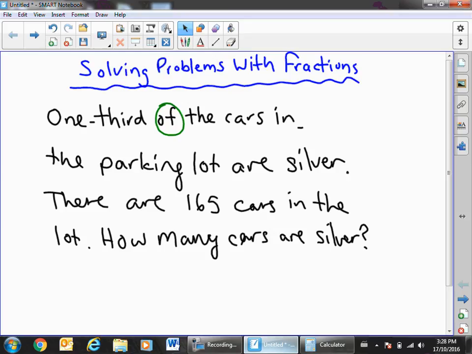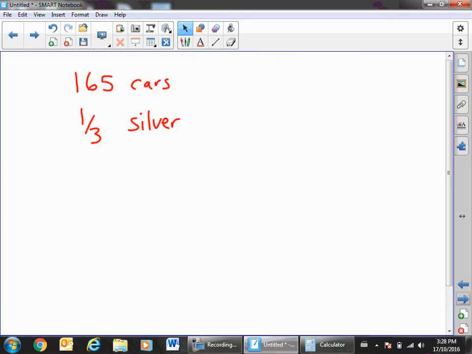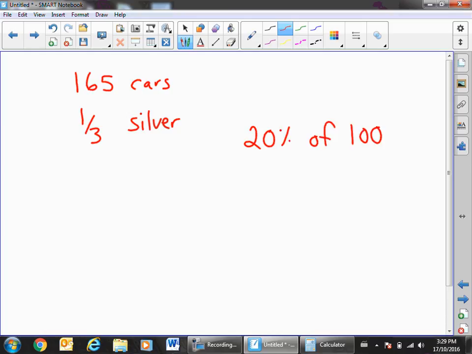The reason is that if we think about problems with decimals, for example, say 20% of 100, how would we calculate that? We would take 100 and multiply it by 0.2 to get our answer of 20.